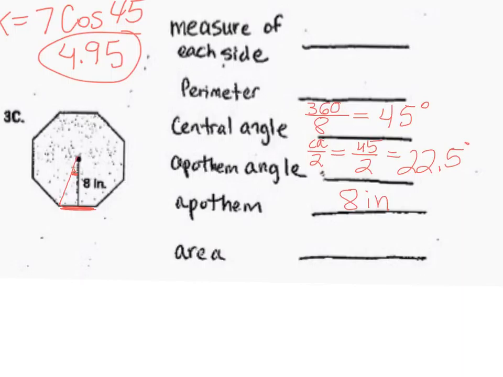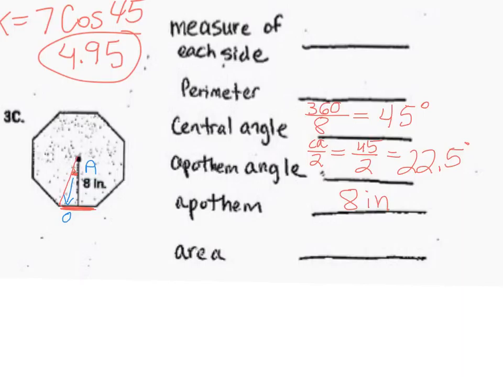Okay, so then would that help us to find half of the side? Yes, right? So half of the side would be the opposite side. And what else is given? Well, maybe the adjacent. The apothem is the adjacent side. So what property should we use for this one?